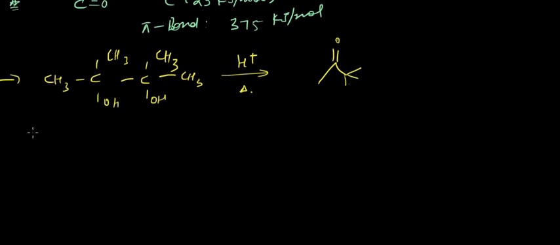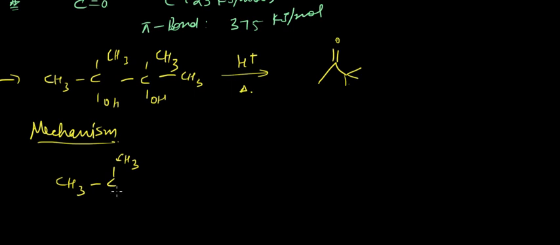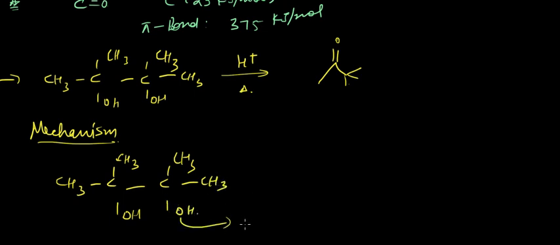Let's talk about the mechanism of this reaction then. So how this happens is we have this compound and OH. Similarly, I have a symmetrical compound. So what happens is this attacks on H plus to form positive charge on itself, and it withdraws itself.